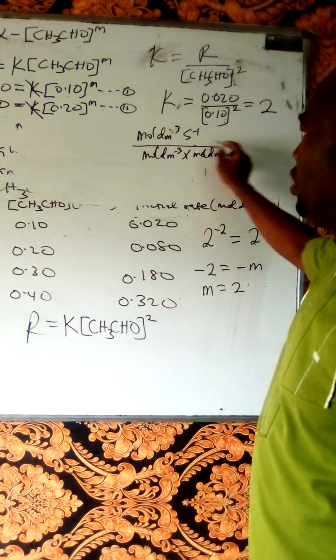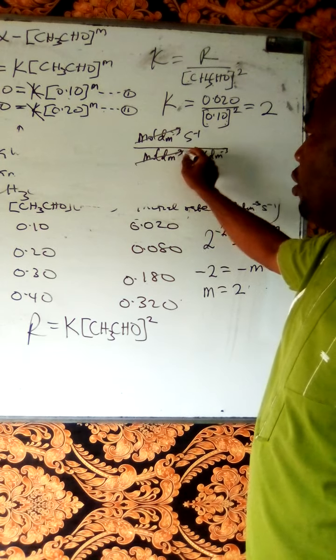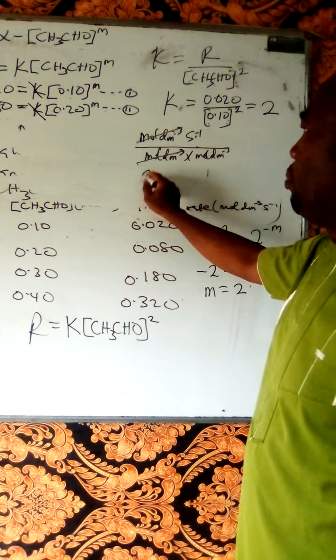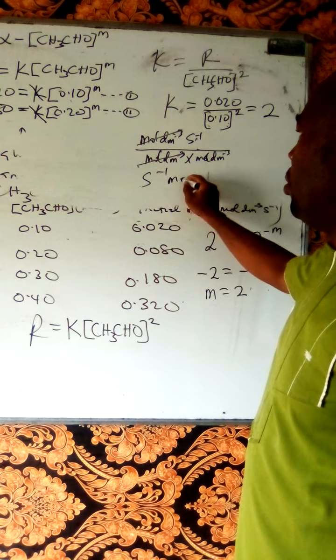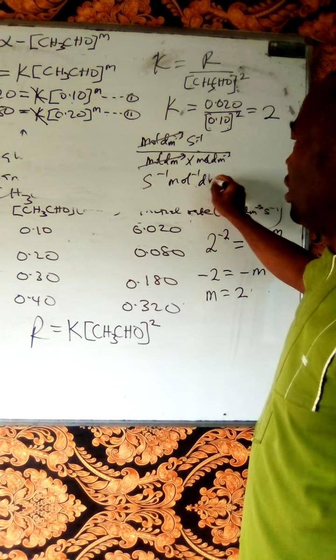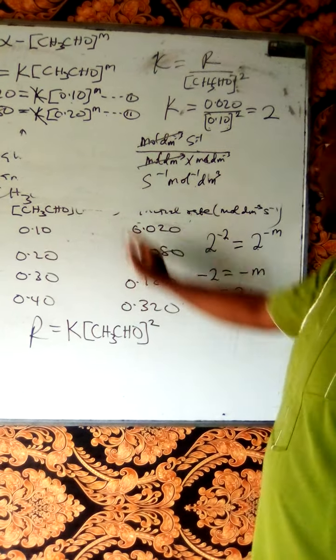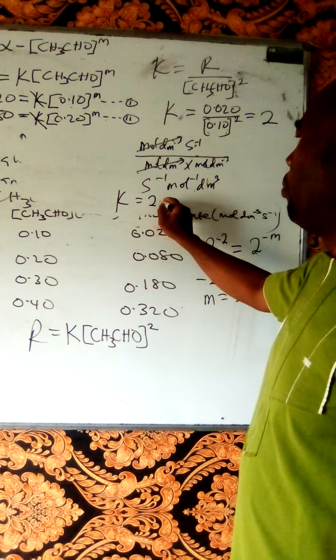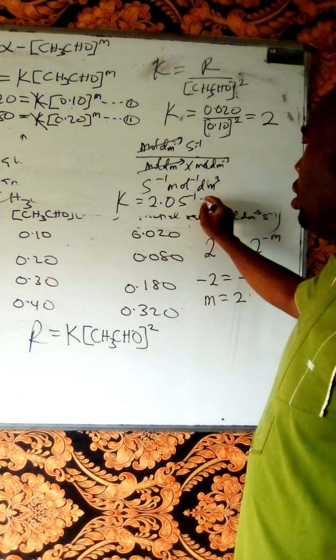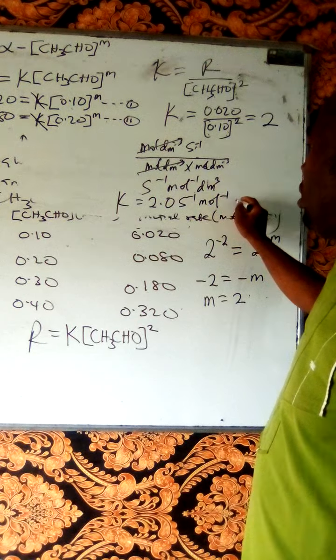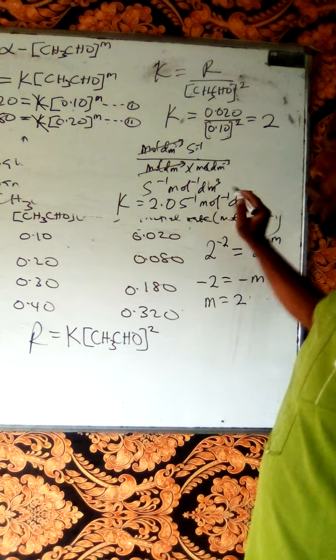So we cancel one of these, and we are left with per second, per mole, then dm cube. That means our K will be 2.0 per second per mole, then dm cube.